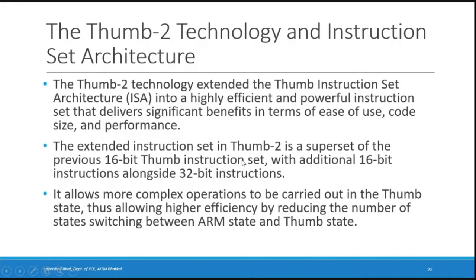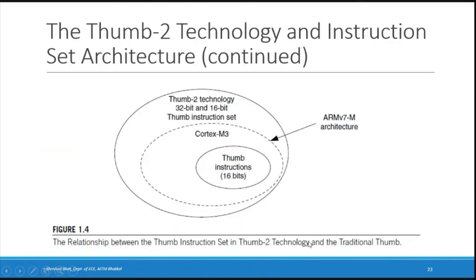So earlier, in Thumb state, only some simple operations of 16-bit were carried out. But now, since Thumb 2 contains both 16-bit and 32-bit instructions, even the complex operations are carried out in the Thumb state itself. Thus allowing higher efficiency by reducing the number of state switching. The state switching is not there, in between the ARM state and Thumb state.